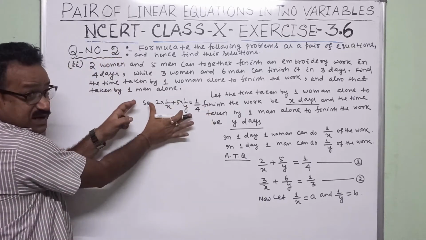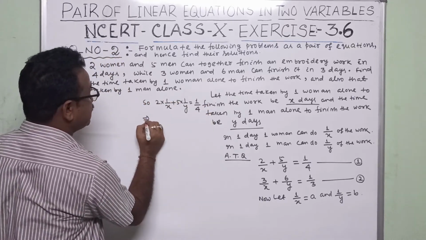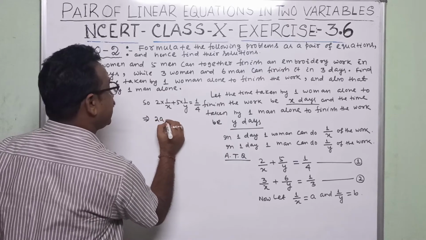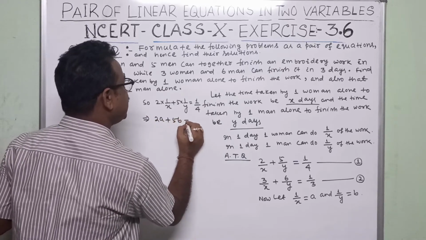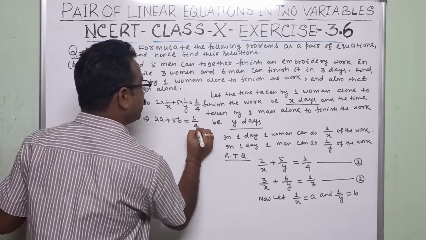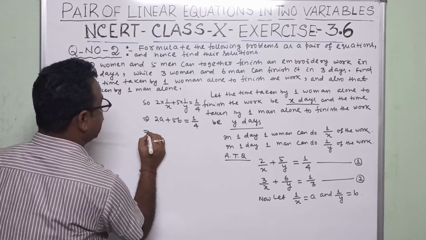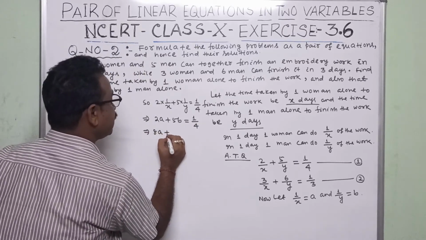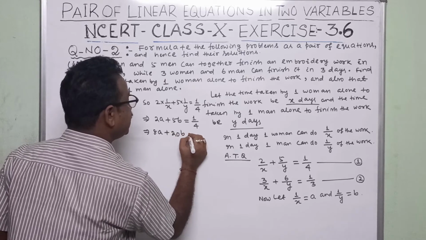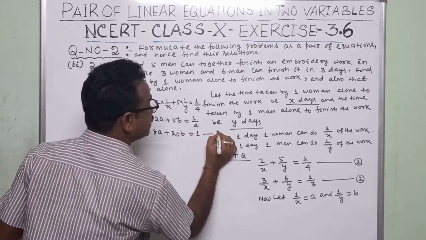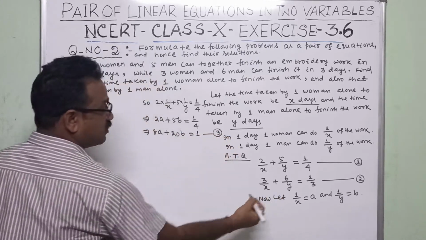So for better clarification I am writing here. That implies your 2a plus 5b is equal to 1 by 4. That implies your 8a plus 20b is equal to 1. This is equation 3. Now come to the second part.